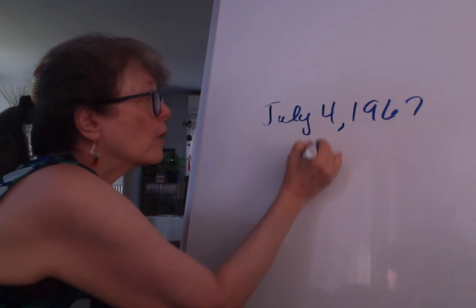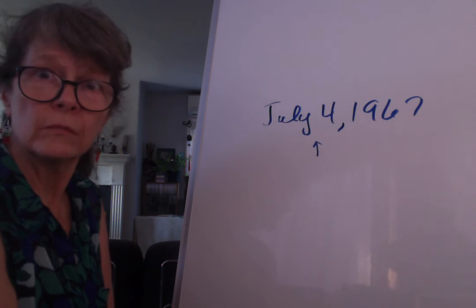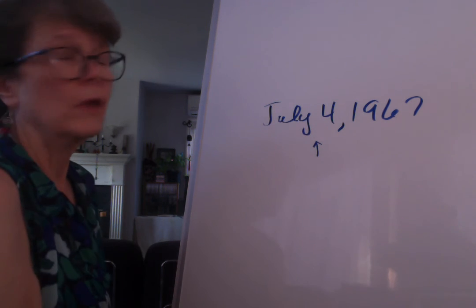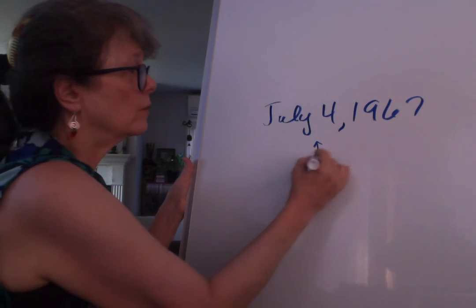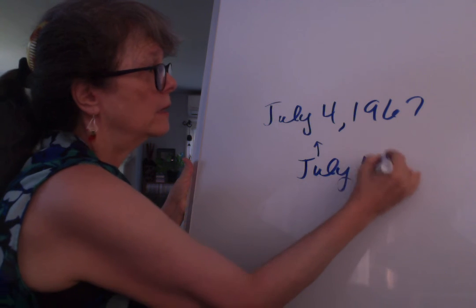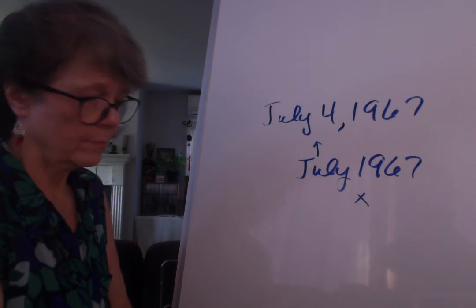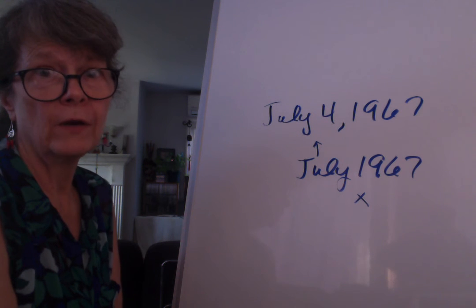I don't put a comma between the month and the day, but I do put a comma between the day and the year. If I'm just putting the month and the year, so if I say July 1967, no comma. Only if I put the numeral for the day in there.